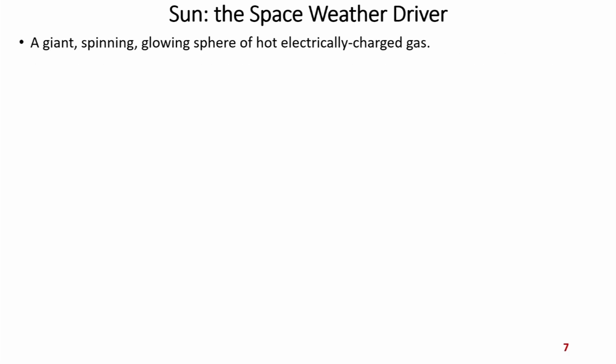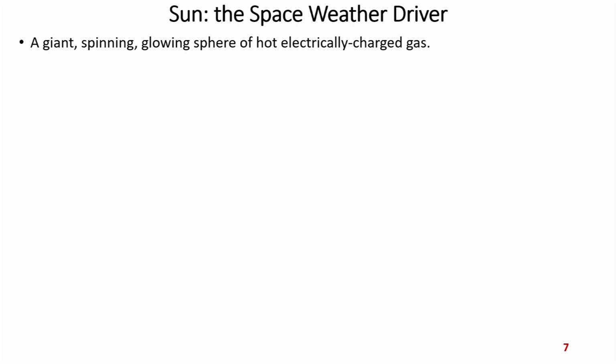Now, since we already told that the sun takes a predominant role in deciding the space weather in the space environment, we will now discuss a little bit of information about the sun. So, what is the sun?